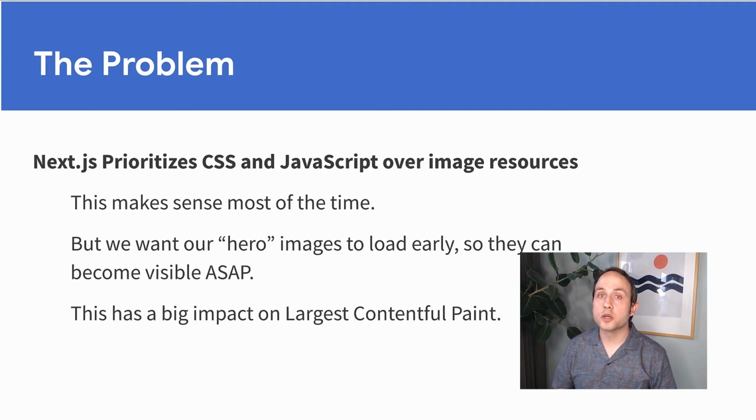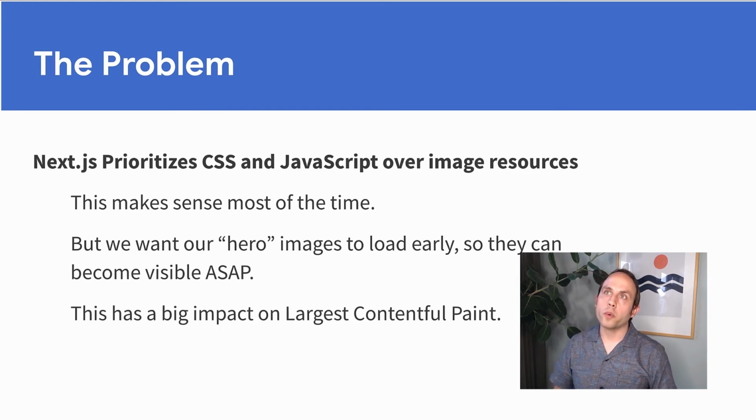However, there are some images that we actually care about more than the JavaScript. Specifically, anything that's like right at the top of the page, your hero image, maybe a carousel image at the top of the page. And this is because the whole point of server-side rendering is that we want to be able to show the users a version of the site that looks complete even before we've gone through the rather slower process of actually downloading the JavaScript and bootstrapping the sort of single-page application version or the serverless version of the page.